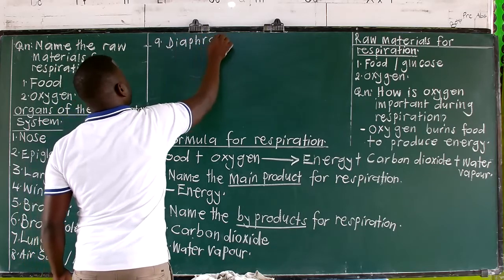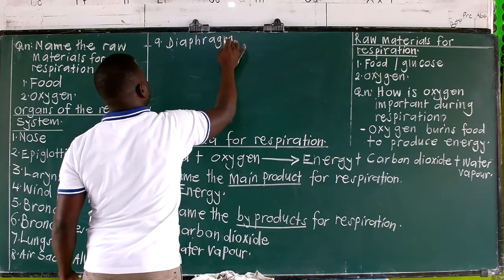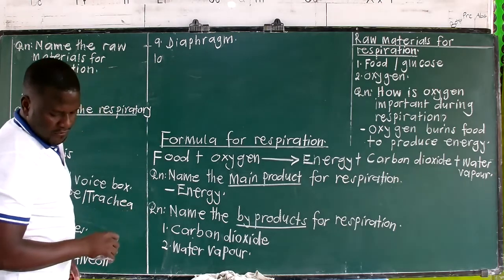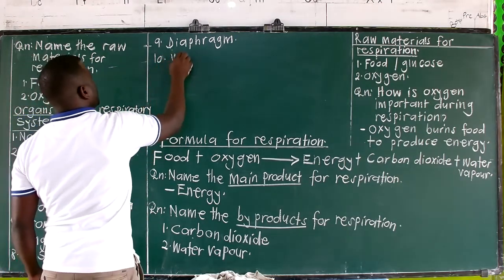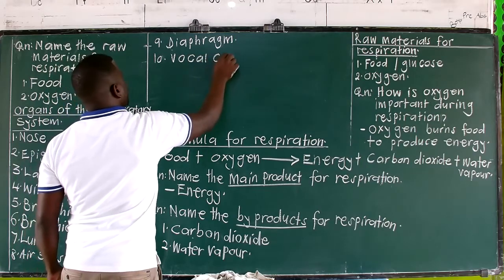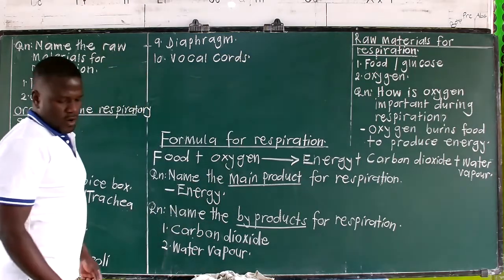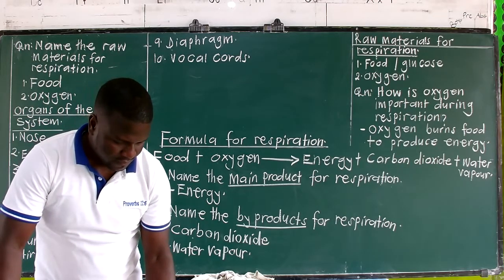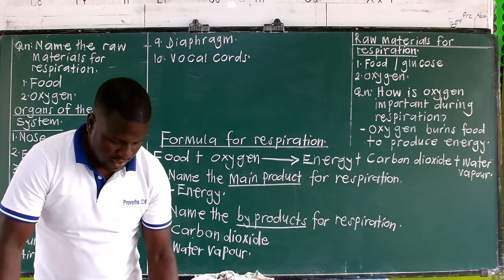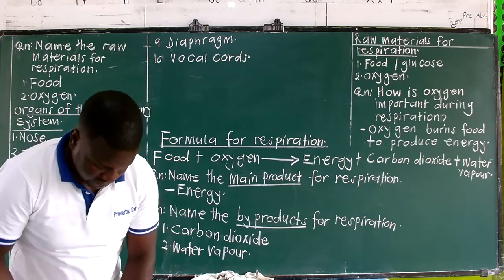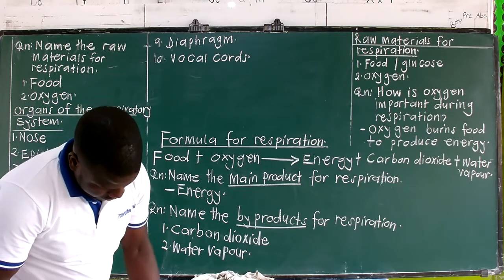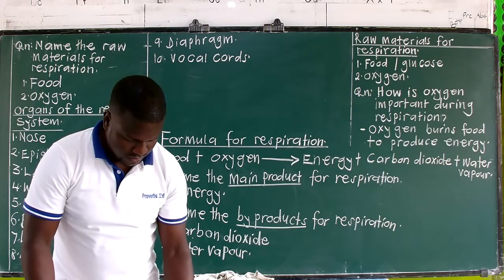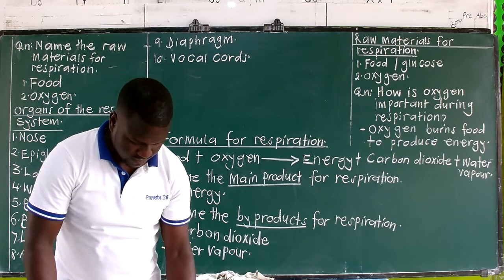Then number 10, we have vocal cords. All these are organs of the respiratory system.